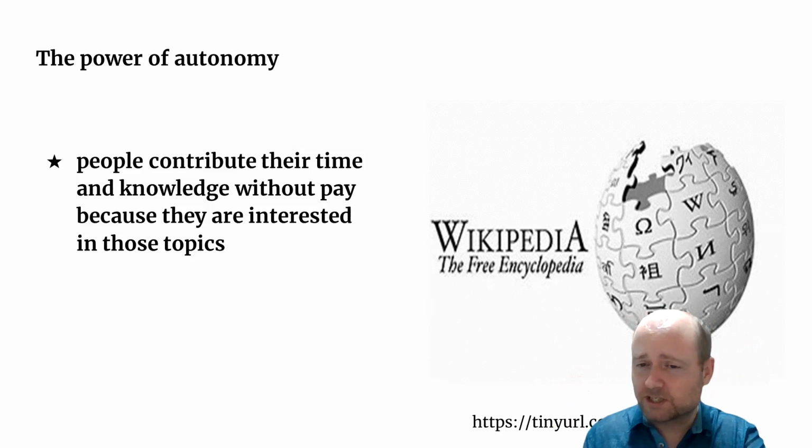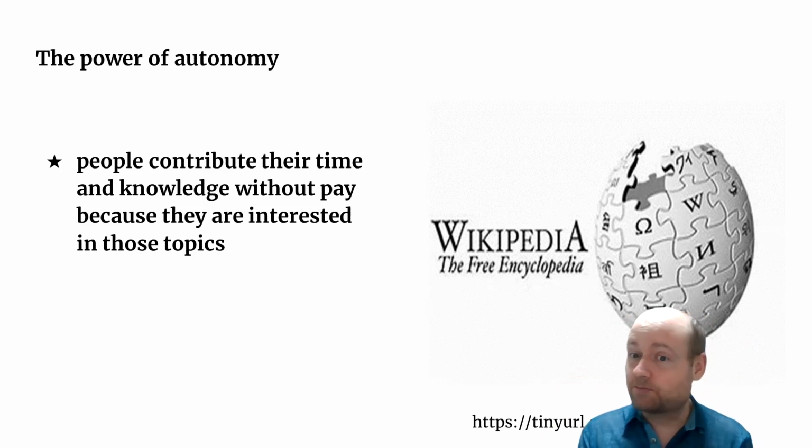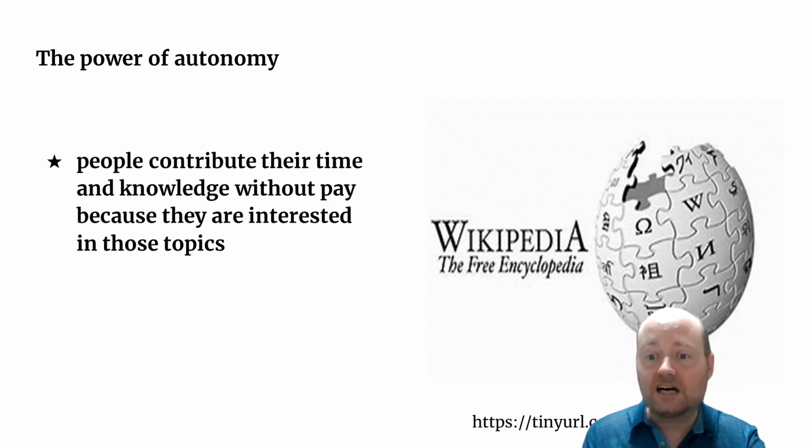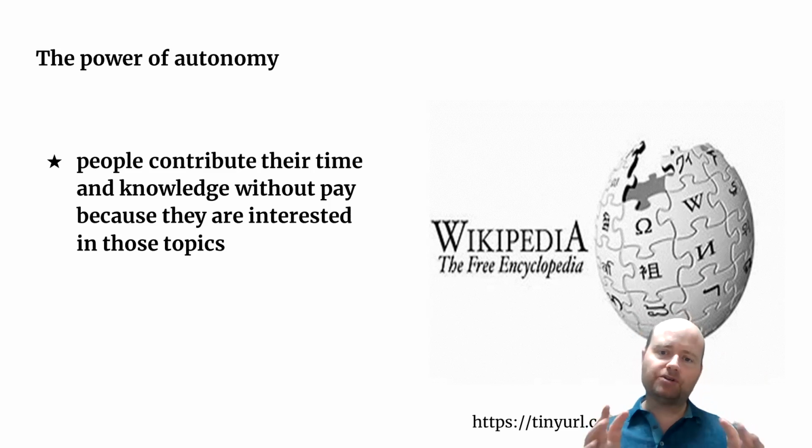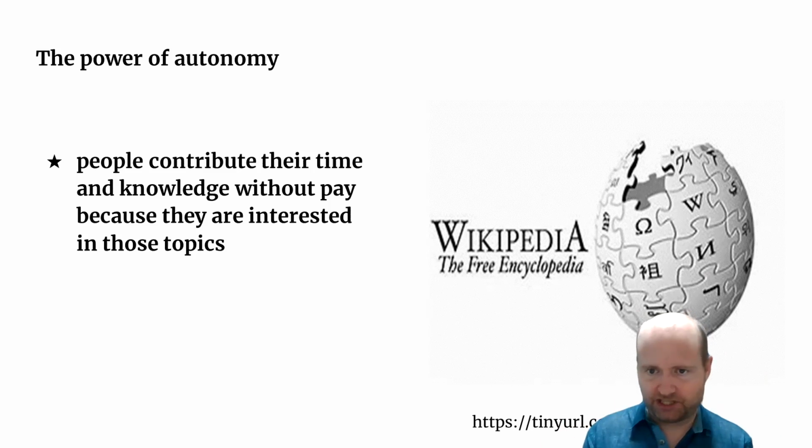So what the example of Wikipedia shows you is the power of autonomy or the power of intrinsic motivation. If you're thinking that autonomy and intrinsic motivation are quite similar, then they are in some respects, so don't worry too much about that. The important thing here is that people are doing it because they are interested in it.